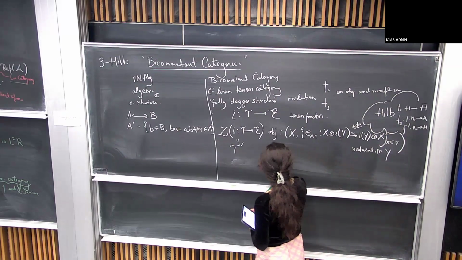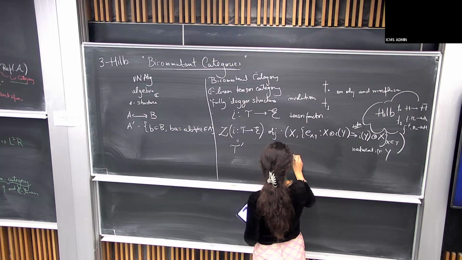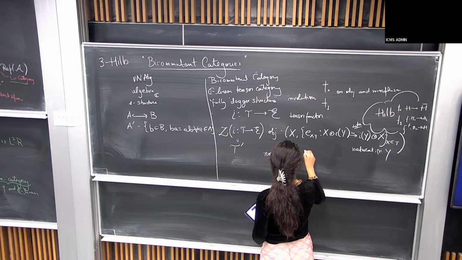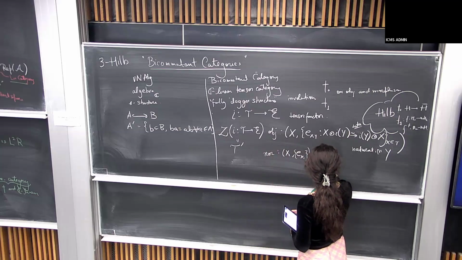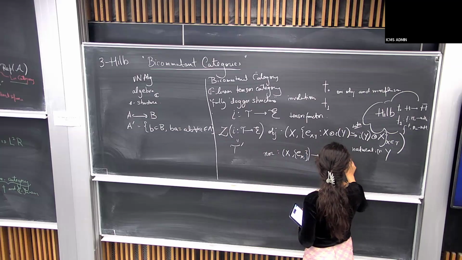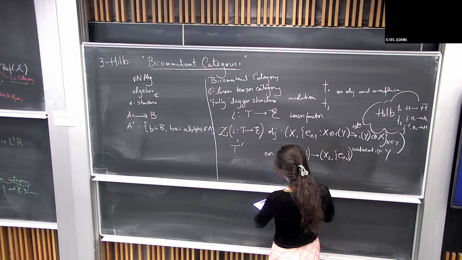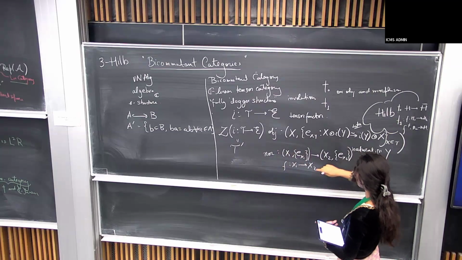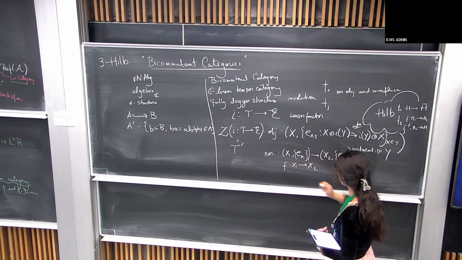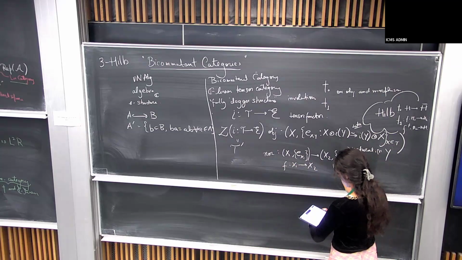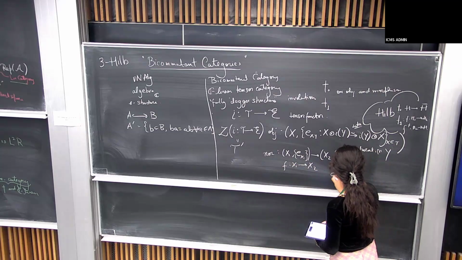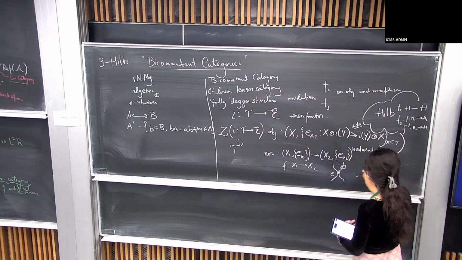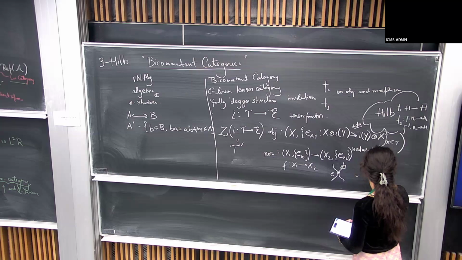And morphisms from X1, e of X1, so all the half braidings, to X2 and all the half braidings with respect to X2, are maps f from X1 to X2 that satisfy that basically you can slide this map across the half braiding. So I'm just going to draw a picture. Suppose this was my e and f was sitting here. This is equal to if I had done f here and done this.